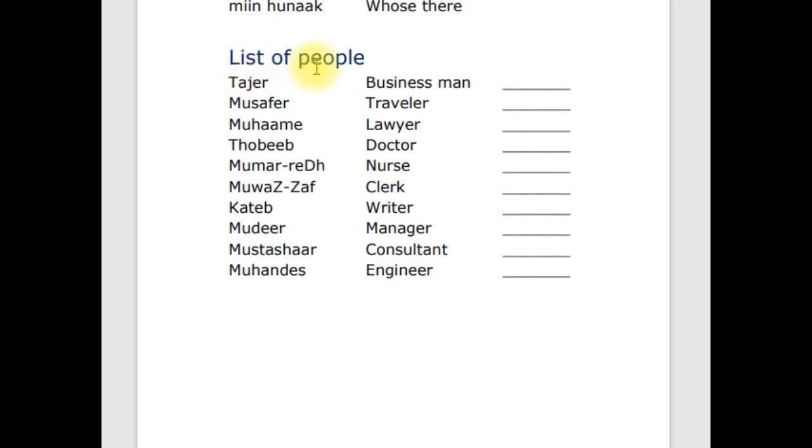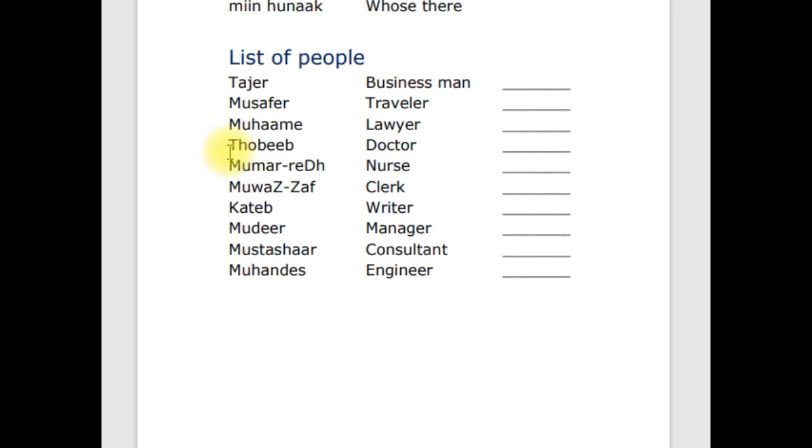List of people. Go to Google Translate and key in the English words, and once you find the Arabic words, write them down. Tajir, businessman. Musafir, traveler. Muhami, lawyer.